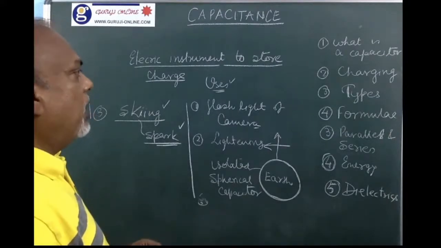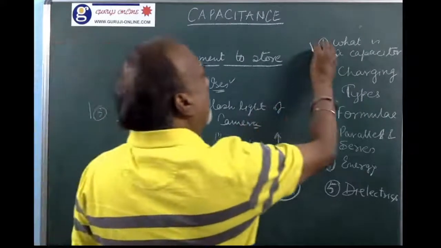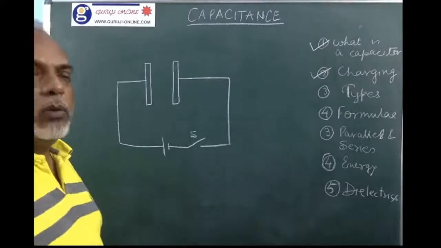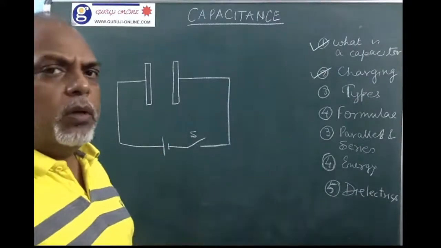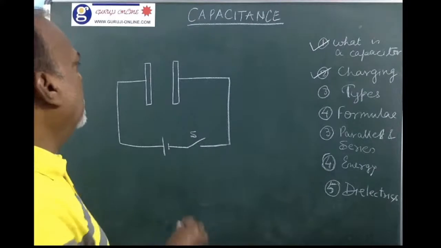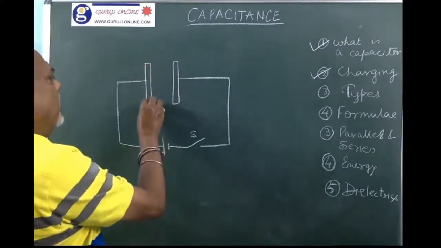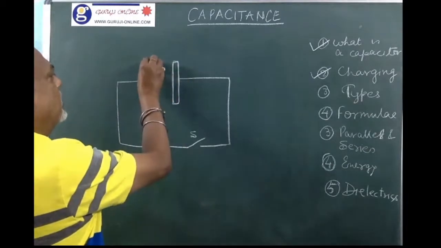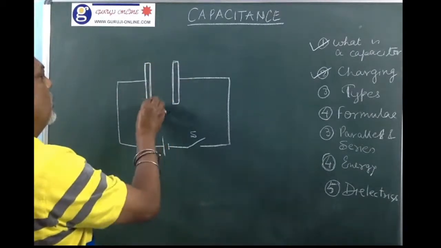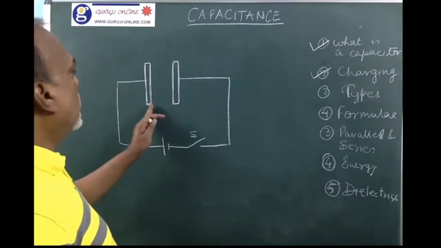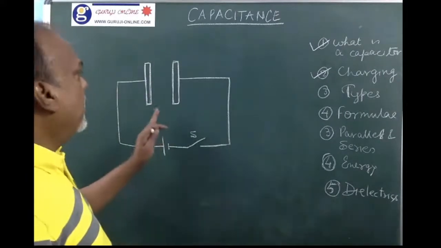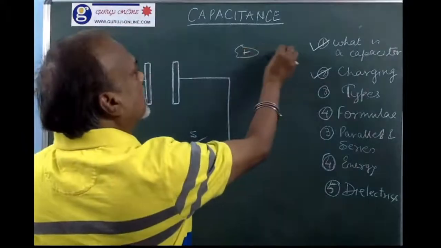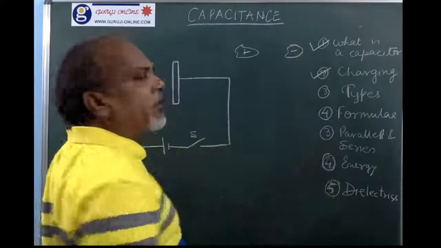So now let us go to how it is charged. Let us understand how this capacitor is charged. Basically, this is the parallel plate capacitor. Capacitor is nothing but two plates. It can be of any geometry. Suppose this is plus and this is minus.